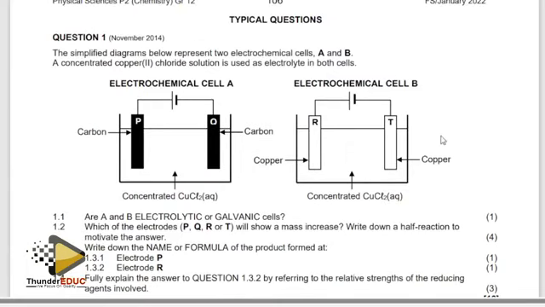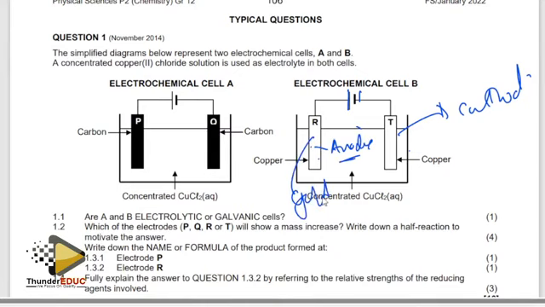So what you put here, for example, this is copper, this is copper. This is positive, this is negative. What you want to electroplate becomes the cathode, and what you want to electroplate with goes on the anode. Why? Because oxidation occurs at the anode. So the gold is supposed to be here and the spoon on this side, so that electrons can move from here to here.